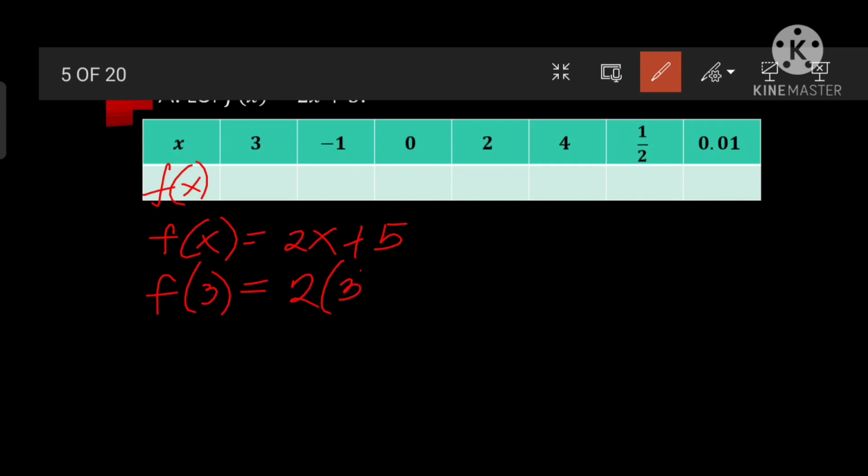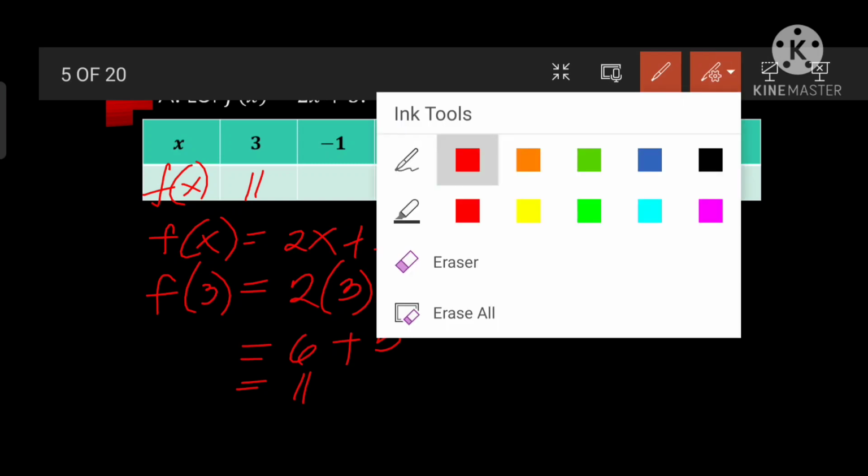So we have 2 times 3 plus 5 equals 6 plus 5, which is equal to 11. So when x is equal to 3, our f of x is equal to 11.